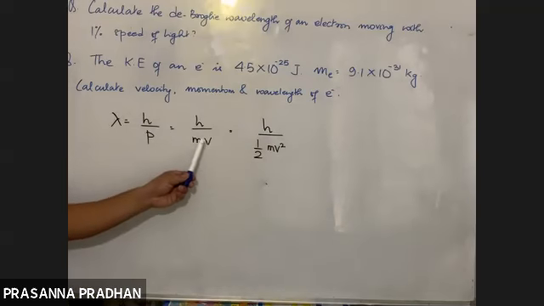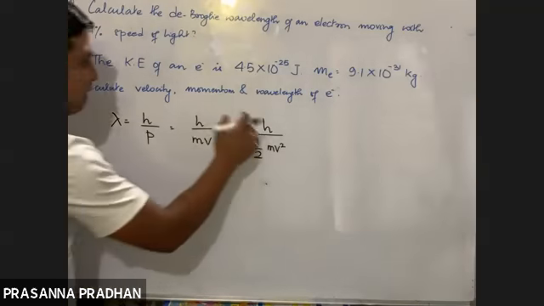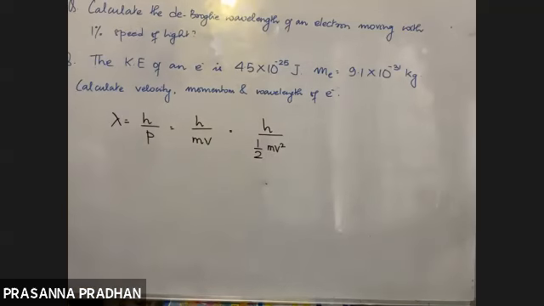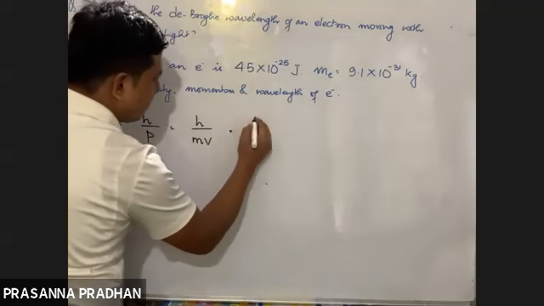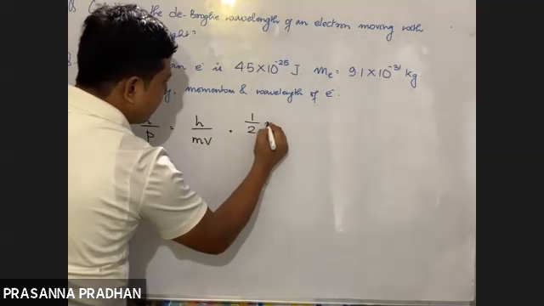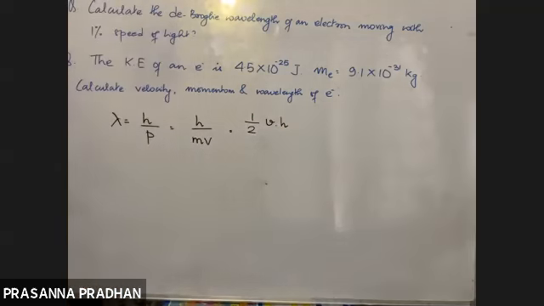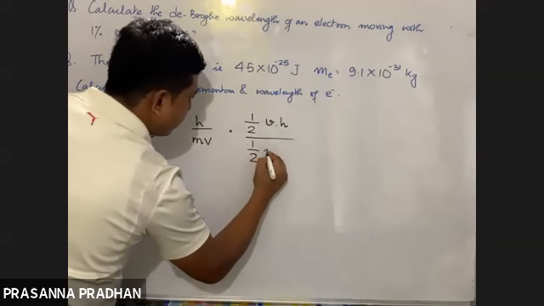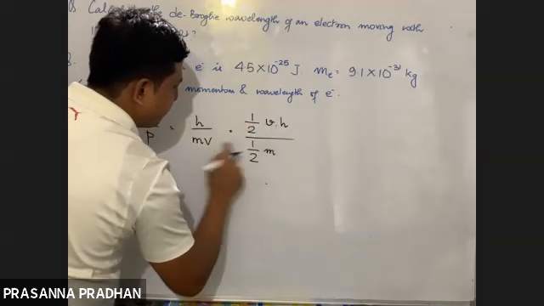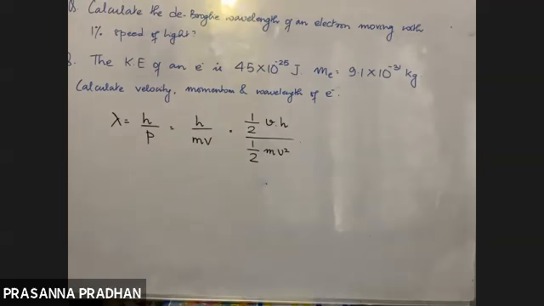Here I am multiplying by half and one velocity. So what will I do? Multiplying both numerator and denominator by half v. So numerator को भी मैं half v into h, I'll write like this. And denominator में half m already था, I'm multiplying by one more v, which means v square. Can I do this? Yes.